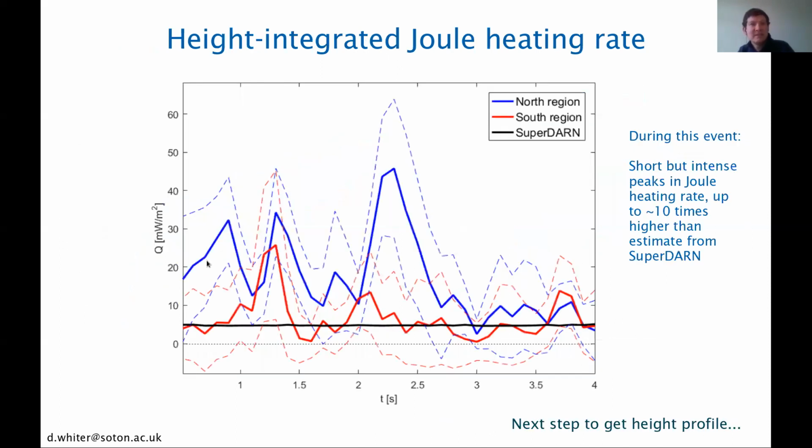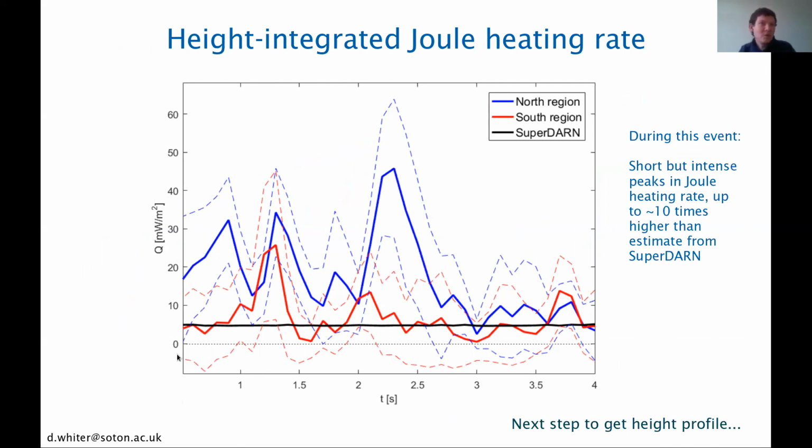This is the Joule heating rate over those 4 seconds for the northern region and the southern region of the image, so we got two different electric fields on either side. The black is the Joule heating calculated from SuperDARN.